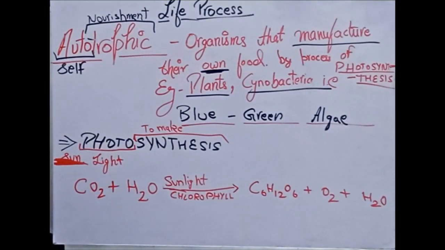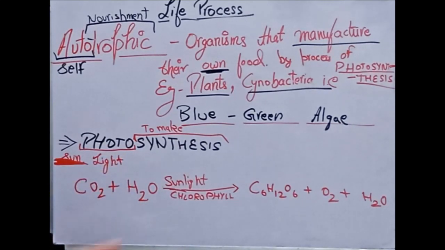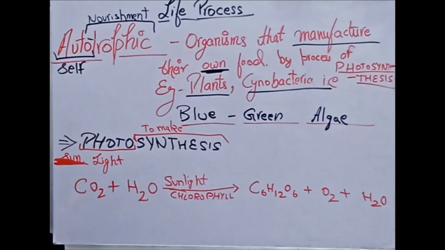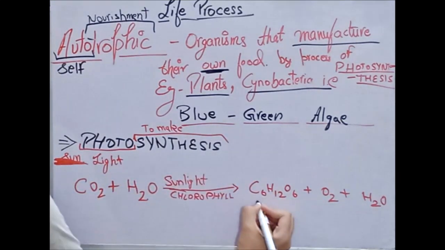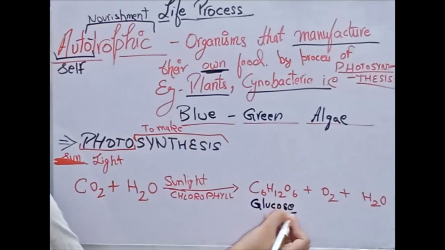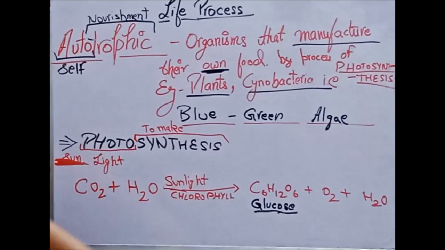I hope everything is clear here. Carbon dioxide and water in the presence of sunlight and chlorophyll react to form glucose. I hope you got it already. If you didn't, don't worry, you can just write it down. Glucose. Glucose is basically the food.